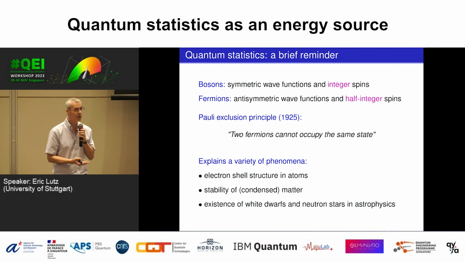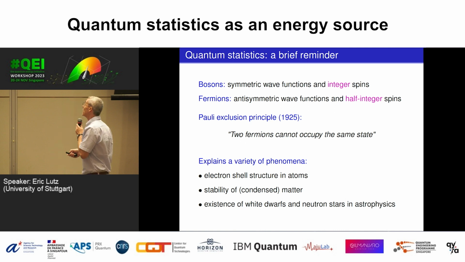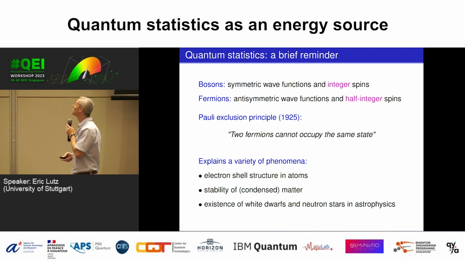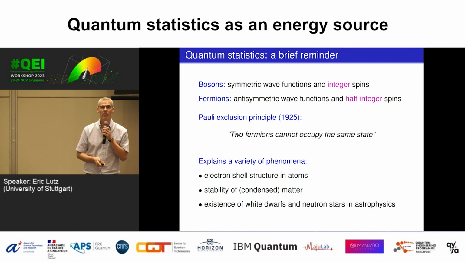It's a very simple observation, but it has deep physical consequences. It explains a great variety of phenomena. In atomic physics, the electron shell structure in atoms is directly linked to the exclusion principle. The stability of condensed matter, the very fact that you can sit on a chair without going through it, is due to Pauli. And even in astrophysics, the existence of white dwarfs or even neutron stars is a physical consequence of this exclusion principle.